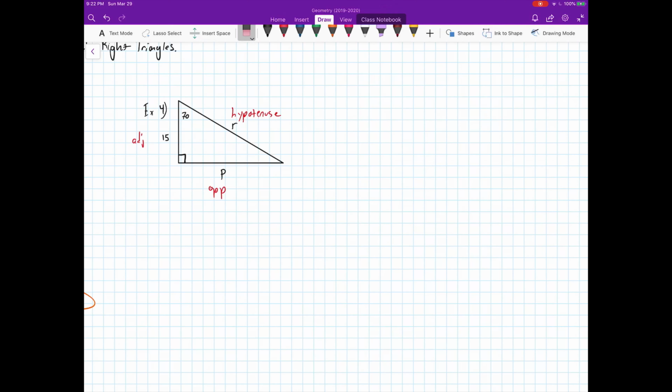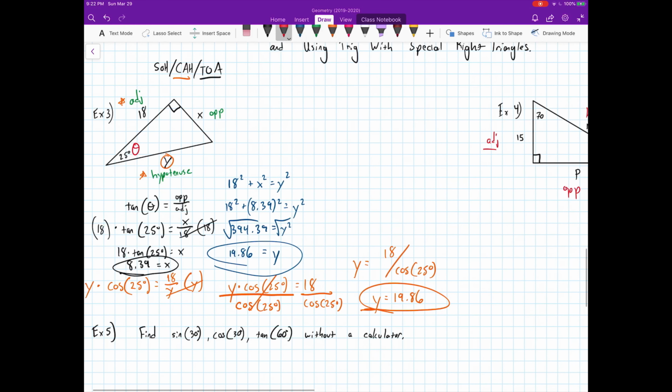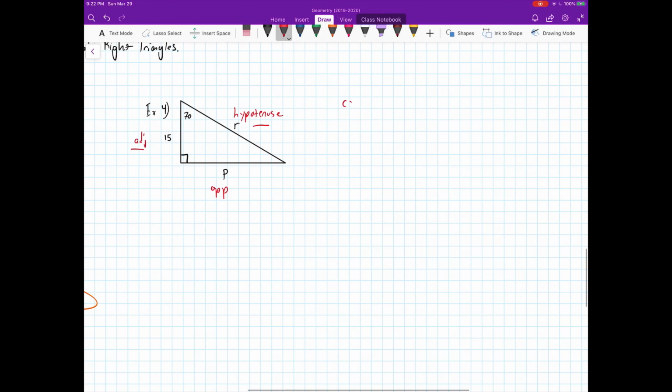So I'm going to ask myself, hey, what involves the hypotenuse and the adjacent? Well, that's cosine again. So cosine of 70 degrees is equal to adjacent over hypotenuse, so 15 over r. Our variable is in the denominator again, so we'll have to do the same move as before.